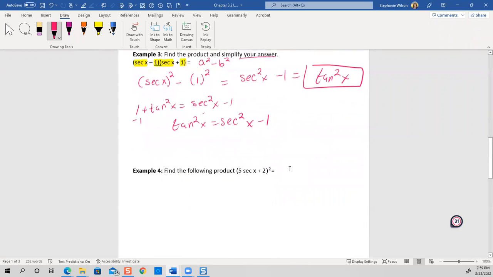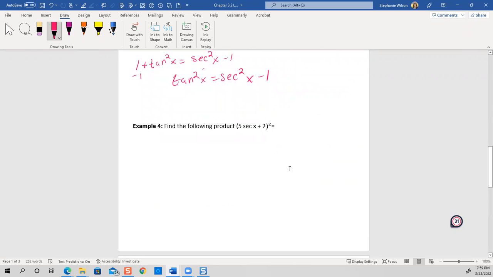Okay, let's go to our next one. Our next one has this binomial being squared. That means we have two identical parentheses: 5 secant x plus 2 times 5 secant x plus 2. So we're going to use the full method. We're going to do the first times the first, so that's 5 times 5 times secant x times secant x.